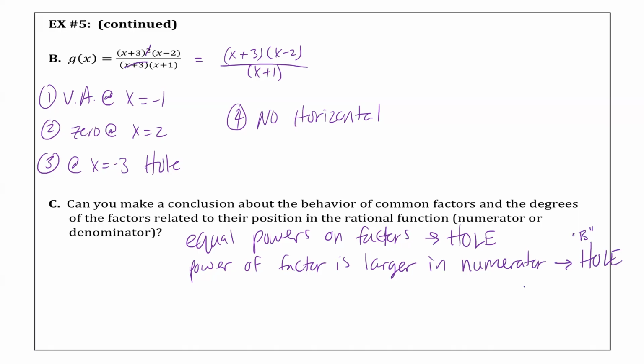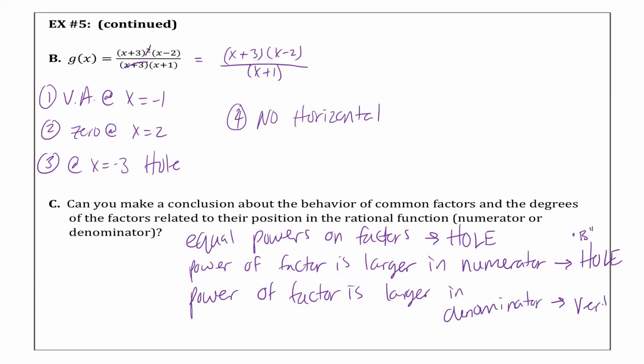And if the power of the factor is larger in the denominator, we're going to have a vertical asymptote, as in example A. Whether there's a horizontal asymptote depends on the degrees.